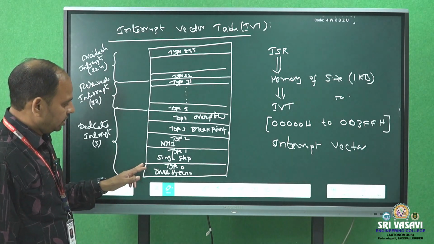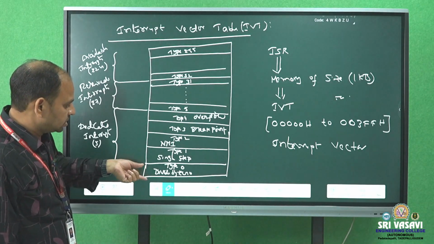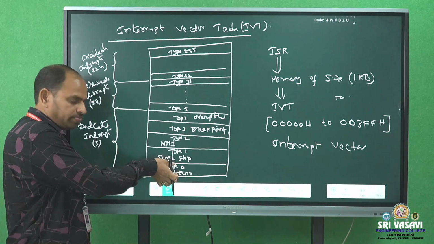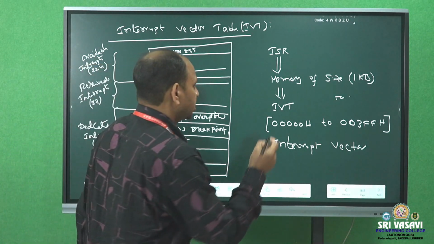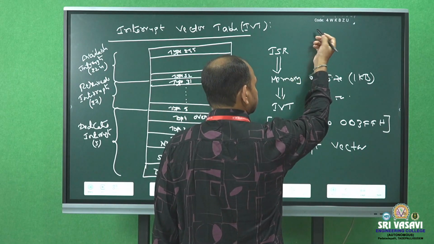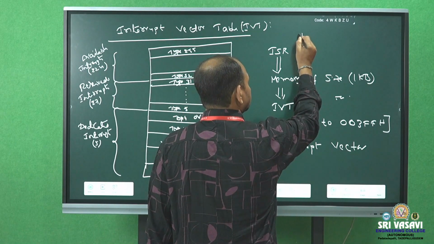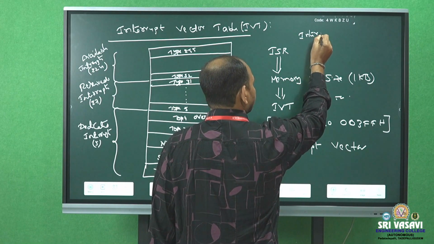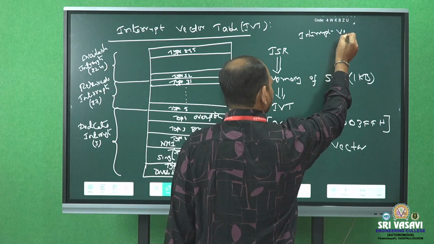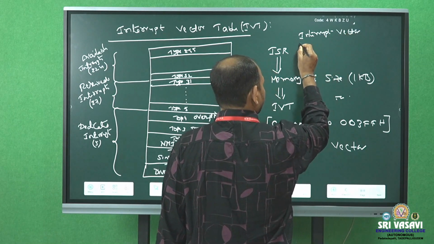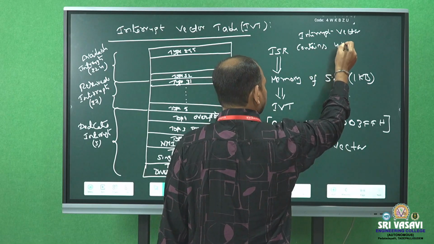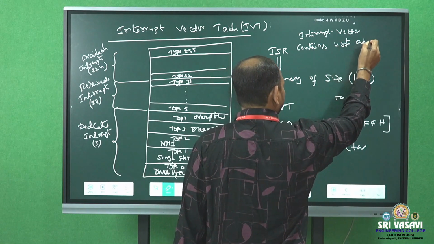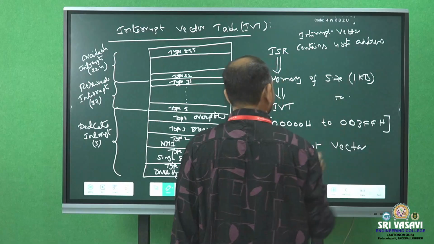Okay. And every ISR starting address is present in 4 locations. That means every ISR starting address contains a 4-byte address.